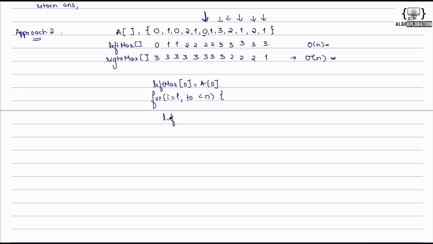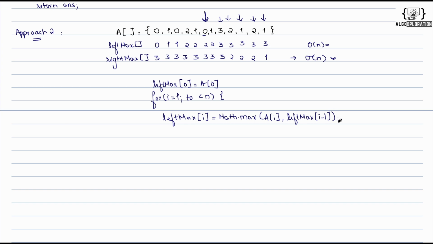Now left max of I is equal to Math.max of a of I, comma, left max of I minus 1, which is simple, right?